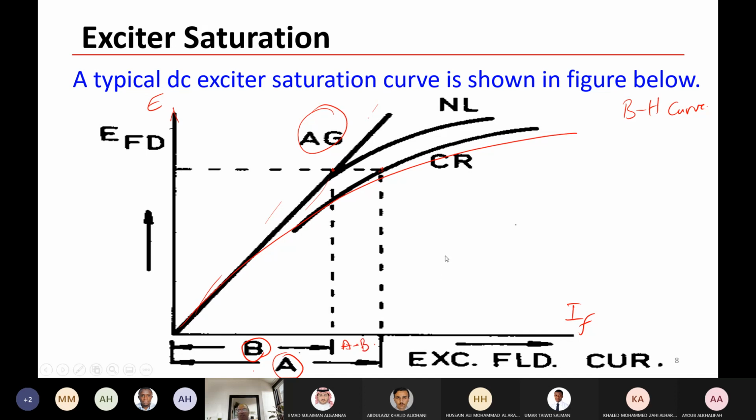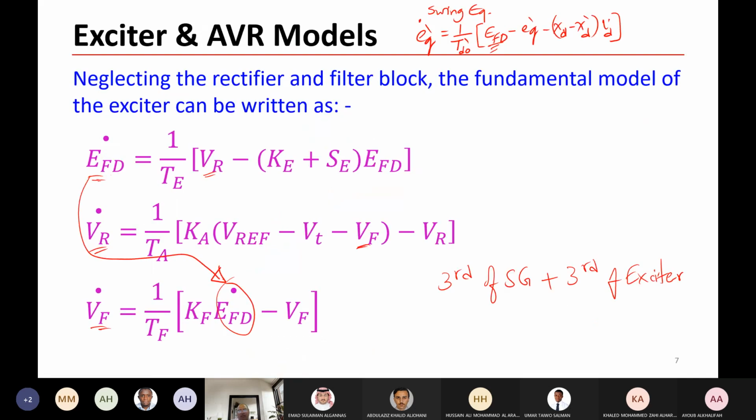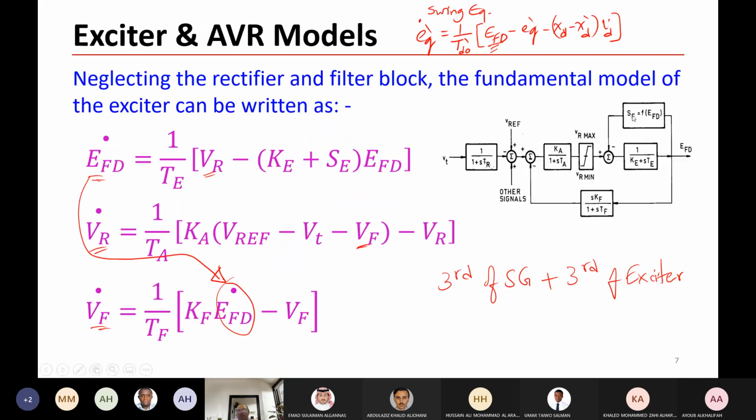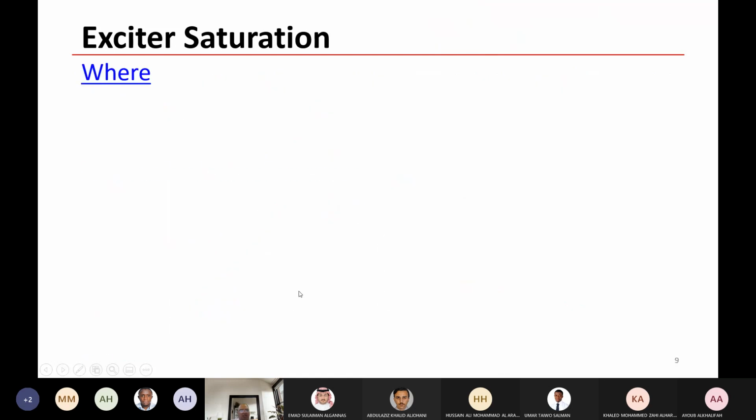So can we calculate this SE? Can we approximate the saturation characteristic of the synchronous machine or the excitation system to get SE here? Yes, this is some standard equation.